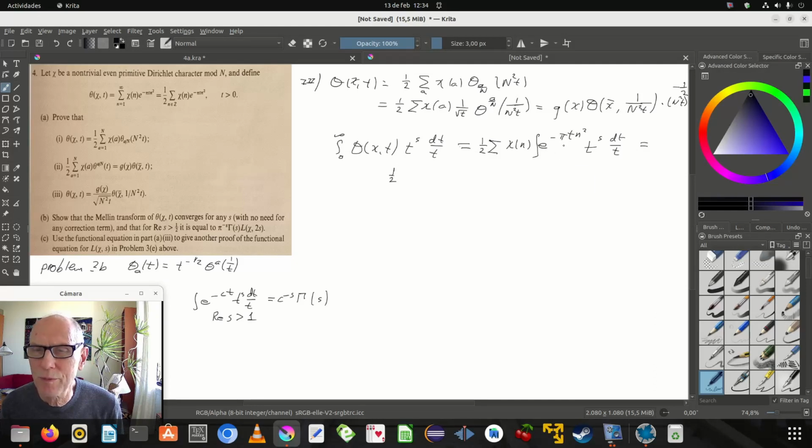So pi n squared to minus s, and then gamma s and then the sum, summing over all n.